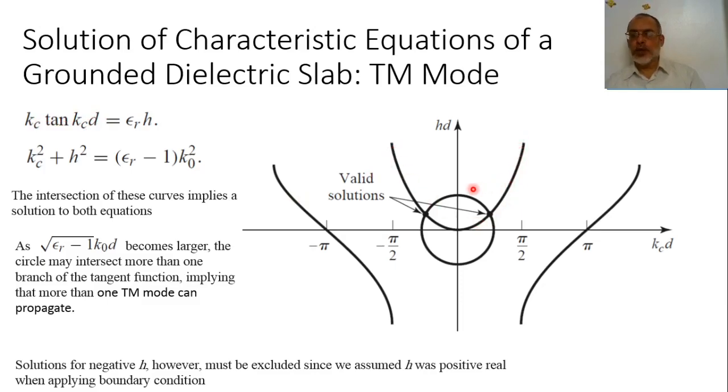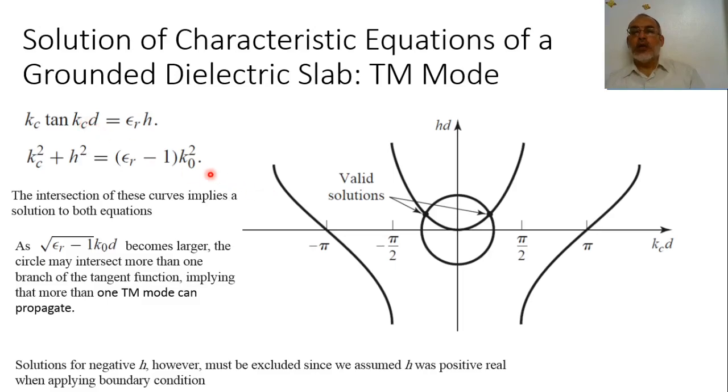So any point at a positive value has the same point at a negative value. Okay, so this is the representation or the drawing of the function Hd equals 1 over epsilon r Kcd tan Kcd.